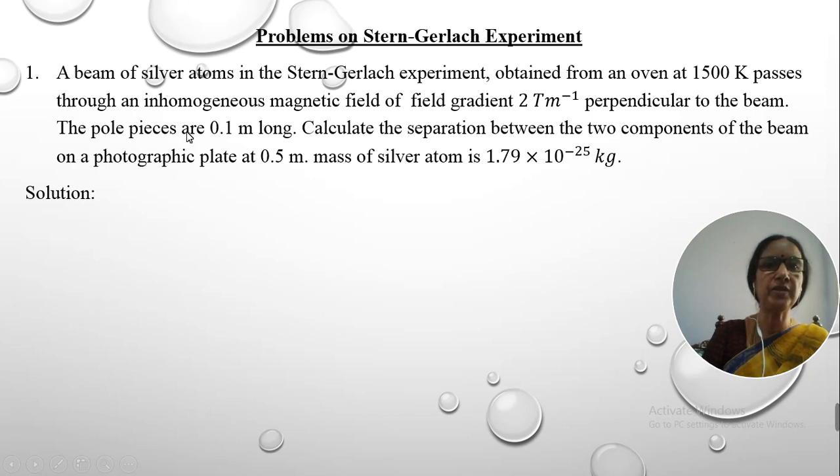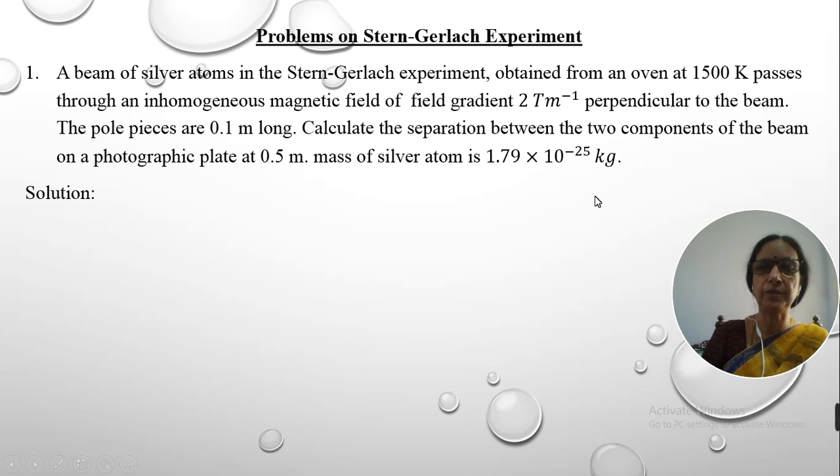The pole pieces are 0.1 meter long, capital L is given. Calculate the separation between the two components of the beam on a photographic plate. Alpha is to be calculated here at a distance of 0.5 meter. So length of the field is given as this much. At this distance we need to calculate a separation alpha value.